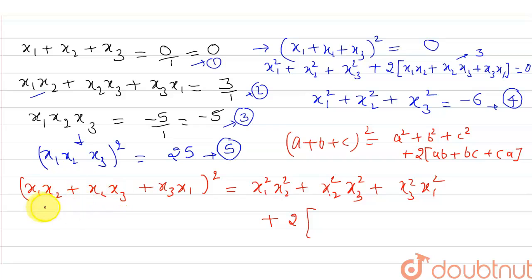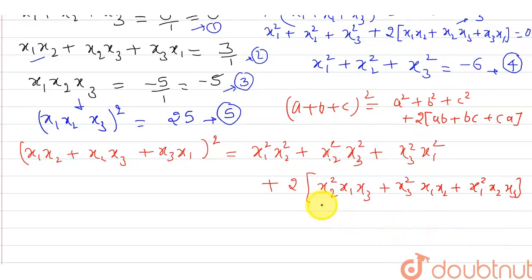So this will give me x2 square into x1 x3 plus, see, now the product of these two terms, so this will give me x3 square x1 x2 plus x1 square x2 x3. Now what I can do is take x1 x2 x3 common in this term.